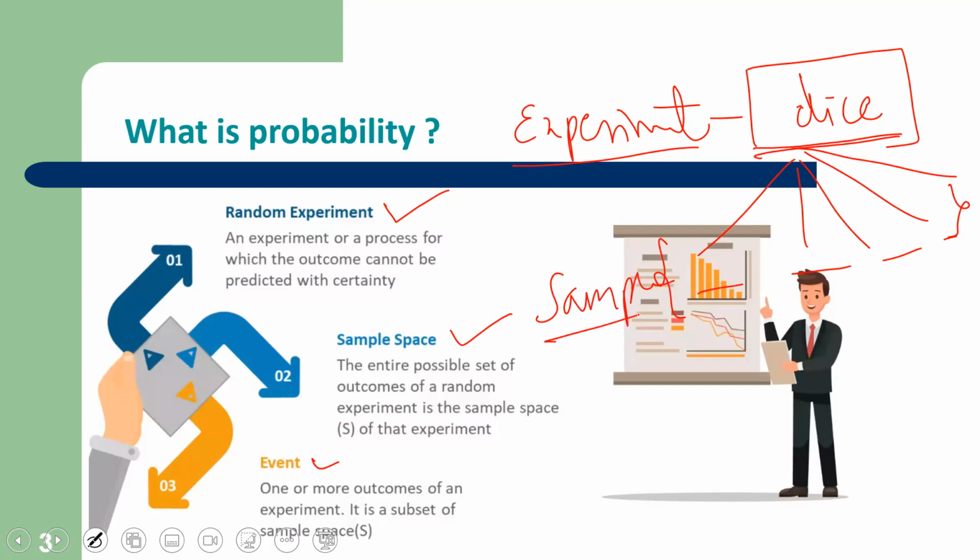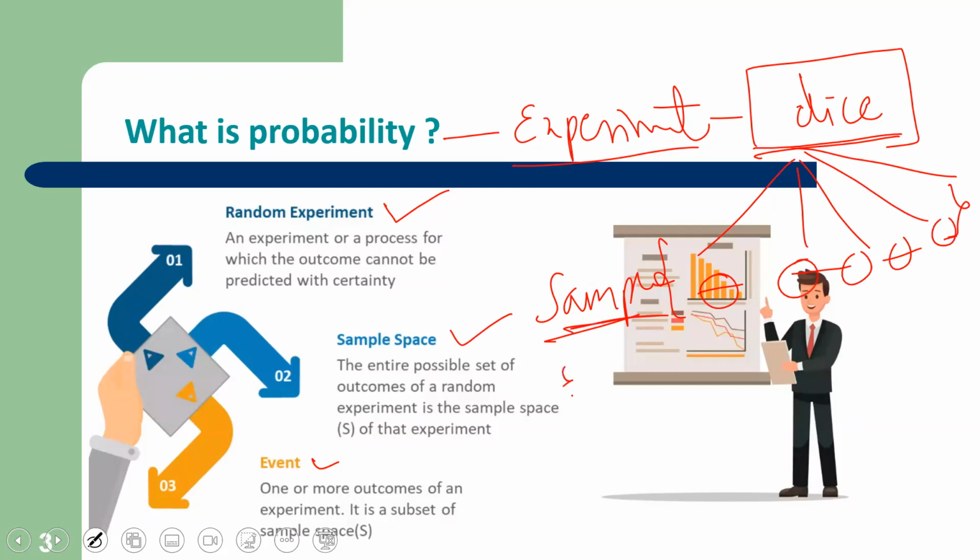Throwing a dice is my experiment, or it could be playing cards, or any kind of experiment. But what is that? The outcome of that particular experiment. There could be many outcomes out of the experiment. Then the collection of all these outcomes will become your sample space.